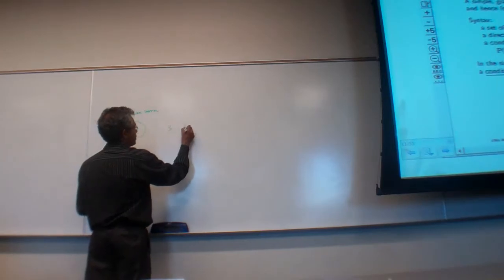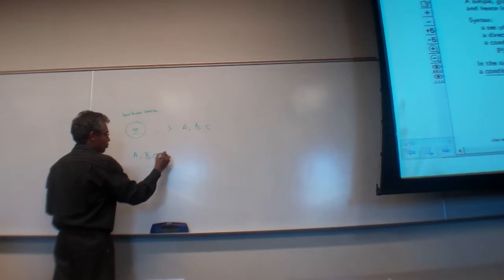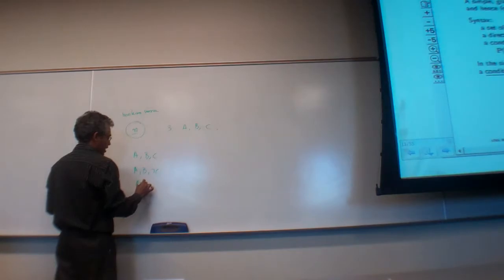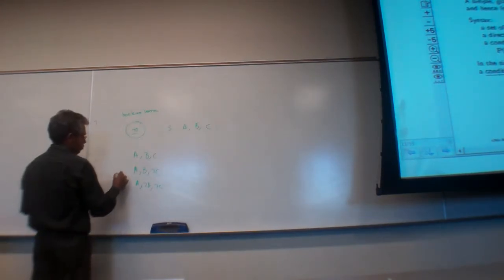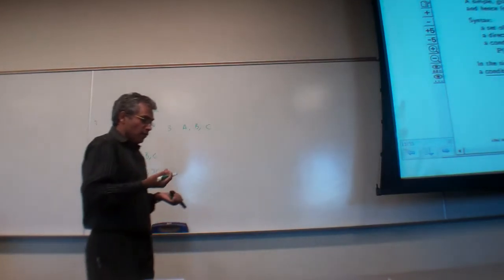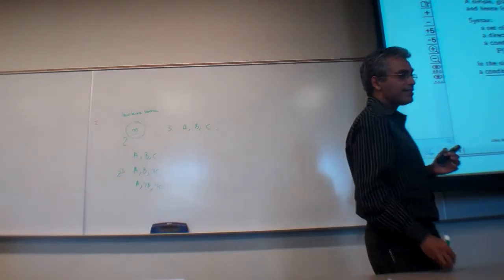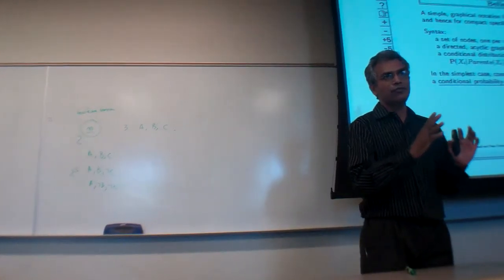If you have 3 Boolean variables A, B, C, the joint distribution tells you what's the probability that A, B, and C are true, what's the probability that A and B are true and C is false, what's the probability that A is true, B is not true, C is not true, and it gives the probabilities for each of these possible worlds. Obviously there are going to be 2 power 3 worlds here, so in general 2 power n different worlds. Each of these worlds has a different probability and they all sum to 1. That's the joint distribution.